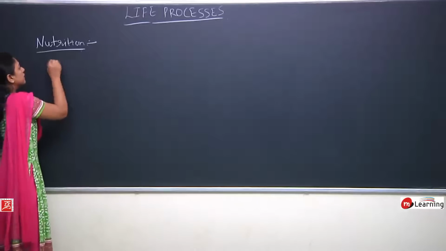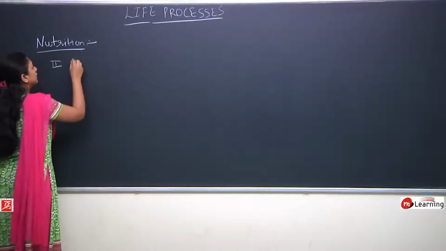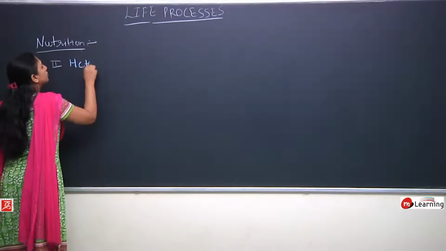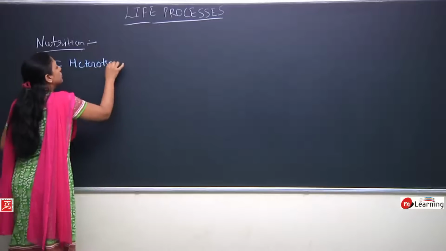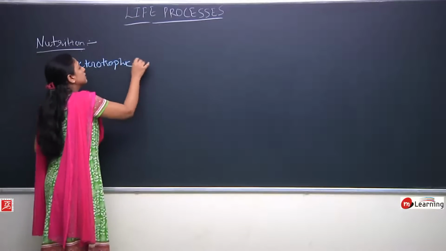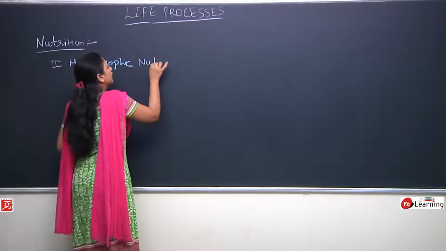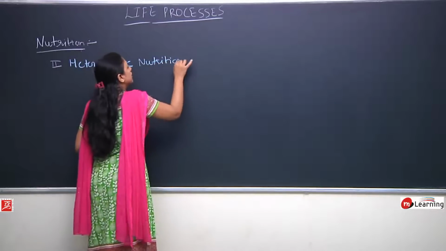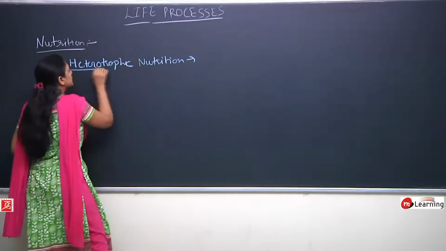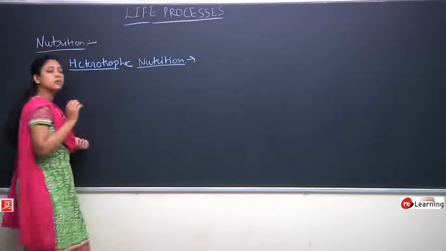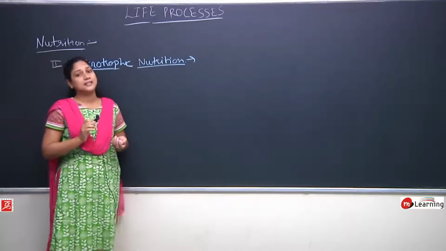Then today we will study the heterotrophic mode of nutrition, which is another type of nutrition. Today we will study heterotrophic nutrition before we go to the human digestive system.